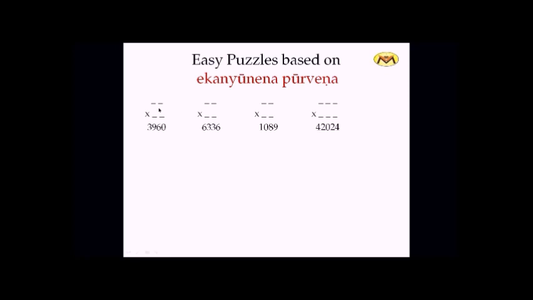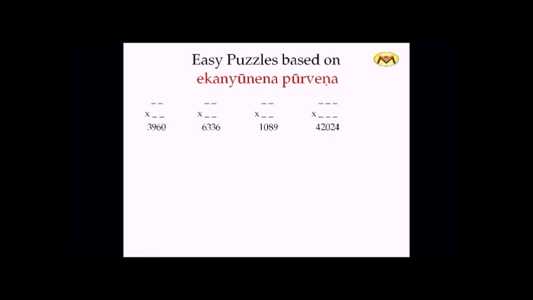So again, when we know that this comes under Ekanyunena Purvena, can we find out what the two digits are? Of course, one would be 99, and the other one we need to figure out. Again, this can be extended as a combinatorial puzzle, saying that given this answer, how many 2-digit numbers exist whose product will be 3960.